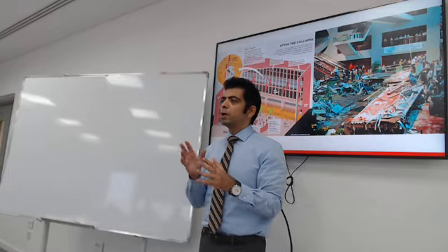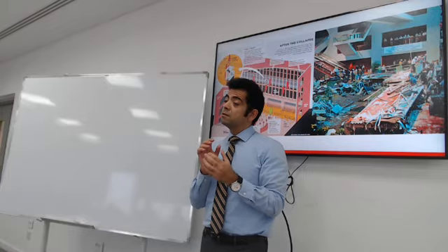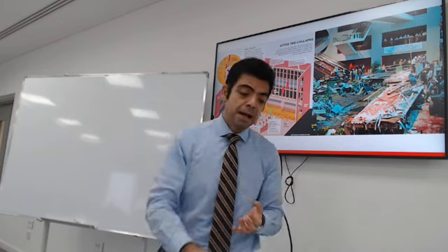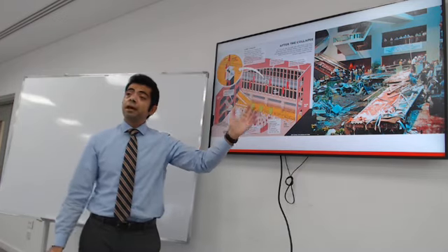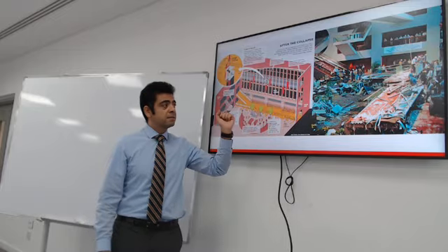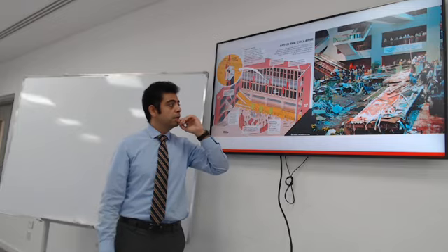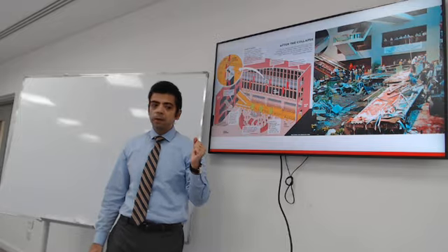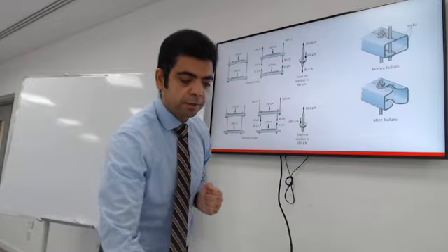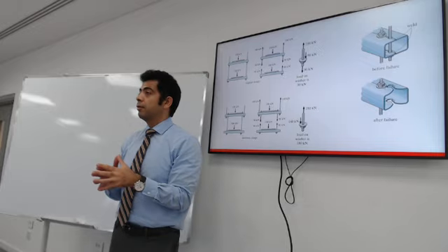Long story short, this slight change was not looked into properly. And the consequences were loss of life and loss of property. It's a situation that you don't want to be responsible for. The design of the connection is definitely part of the process.